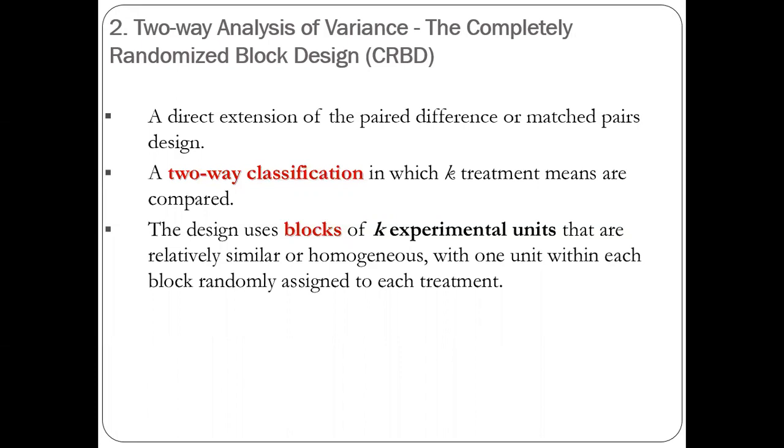In contrast, two-way ANOVA is a test that allows us to make a comparison between the means of 3 or more groups of data, where two independent variables are considered.